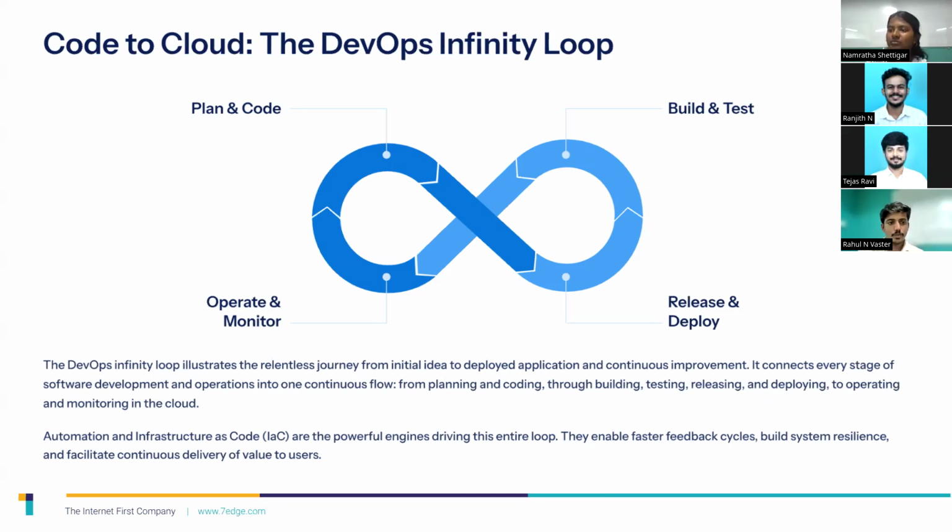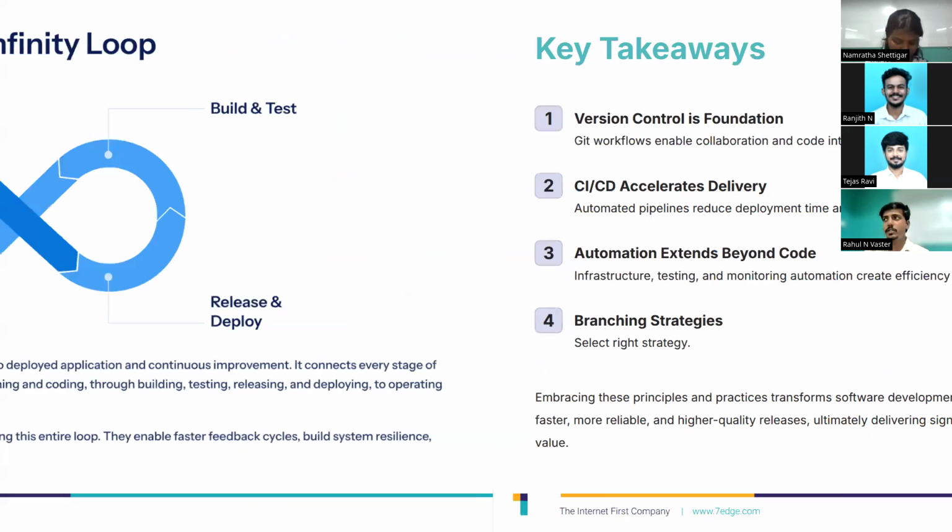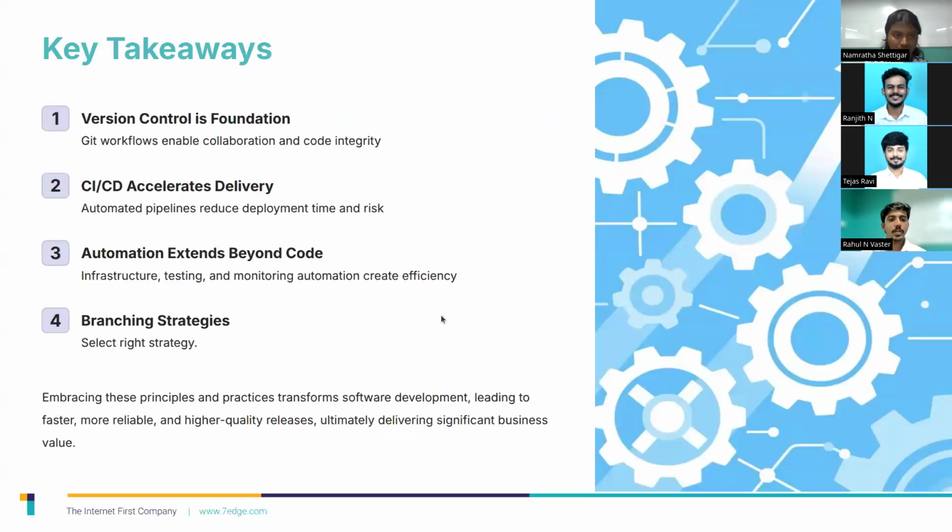Yeah. To summarize the key takeaways, we started with the foundational level of DevOps, how we can define DevOps, because there are multiple different definitions. Then we moved to version control, where we learned about Git and Git workflows and how it helps collaboration. Then how CI/CD accelerates delivery, since CI/CD enables speed and helps with agility.